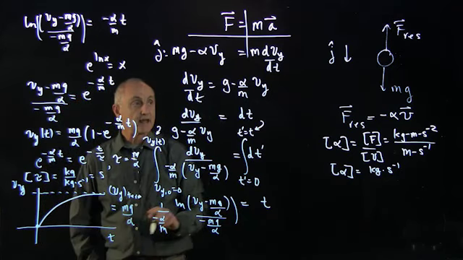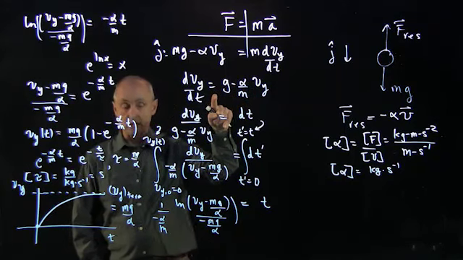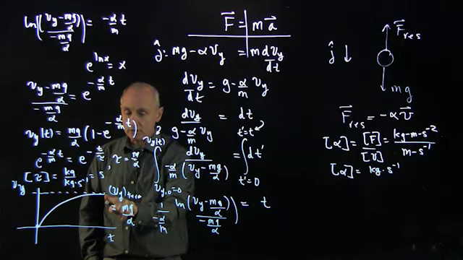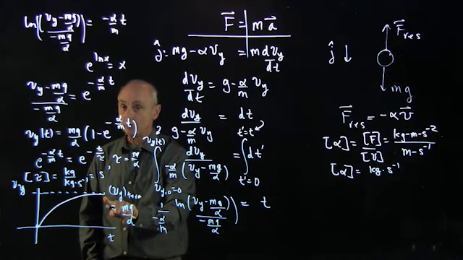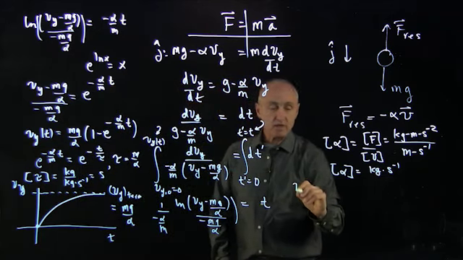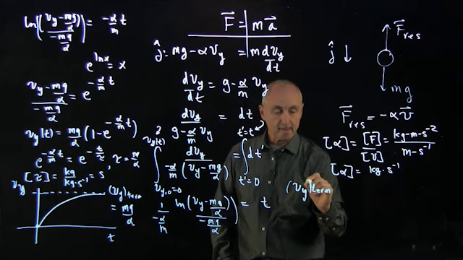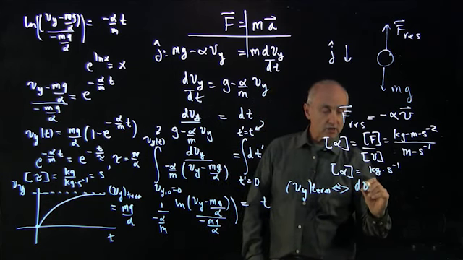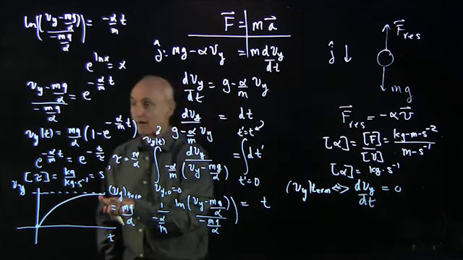Now, notice that as a check for what we did, we can come back to our differential equation. And what does terminal speed mean? Notice that when you get to this limit as t approaches infinity, the slope of the velocity curve is 0. And that's really the statement that vy terminal is when the velocity is no longer changing in time. You can see it graphically.